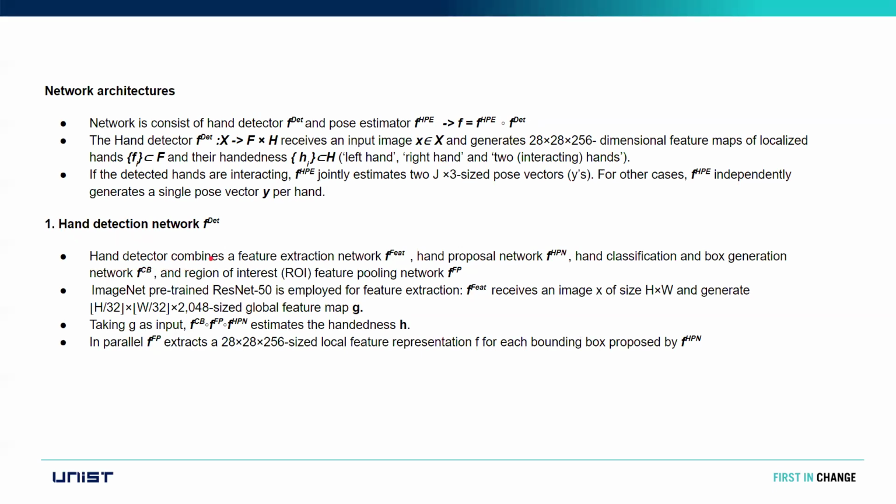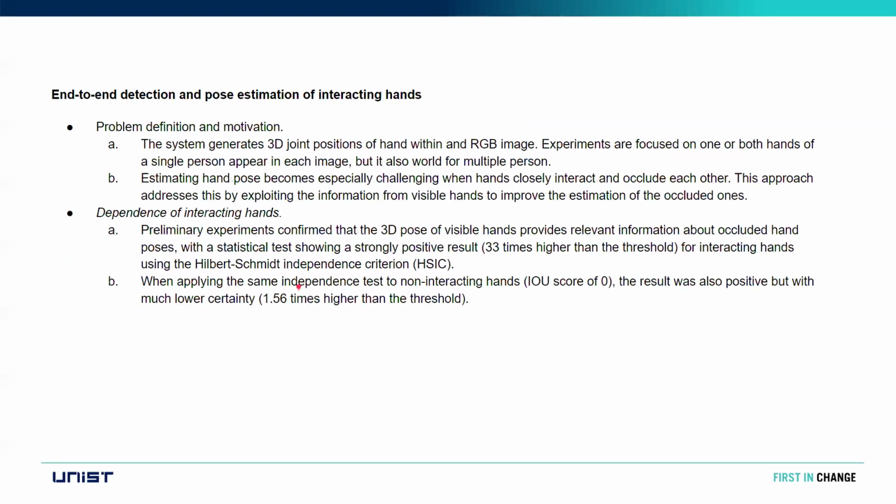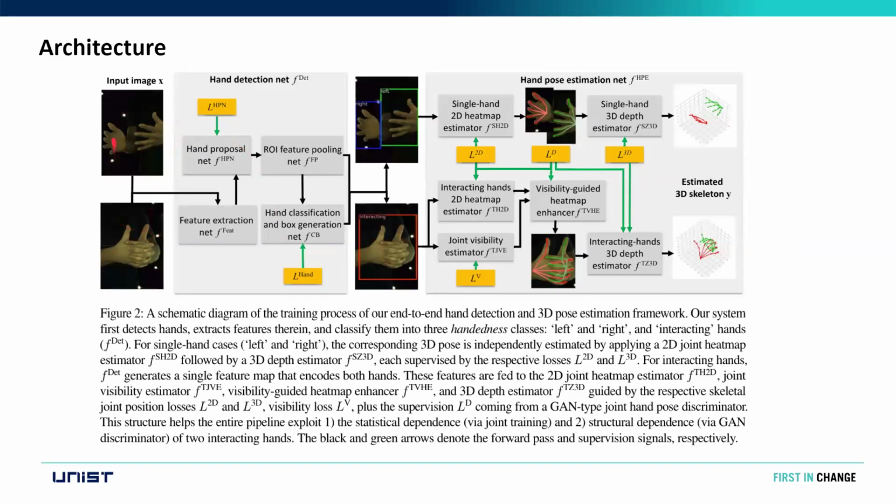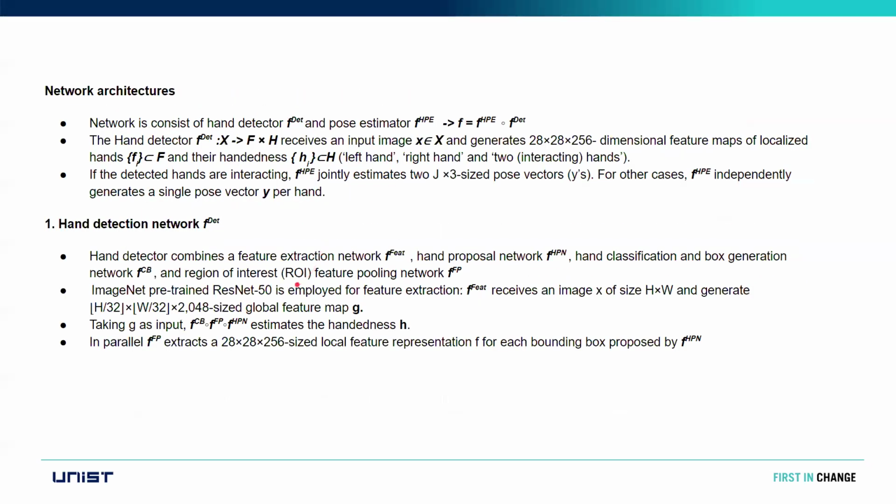Hand detection combines several parts. First the image goes through feature extraction and then into the proposal, and then they have ROI pooling and the box generator, and the hand classification and box generation network.